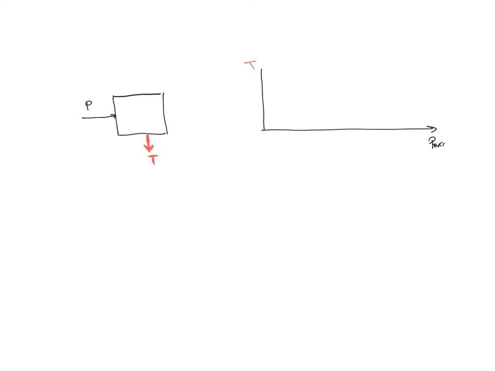So we may have this situation: you increase the power and the temperature remains constant, or just changes a bit. And at a given threshold, let's say at this point, the temperature starts increasing, maybe dramatically.